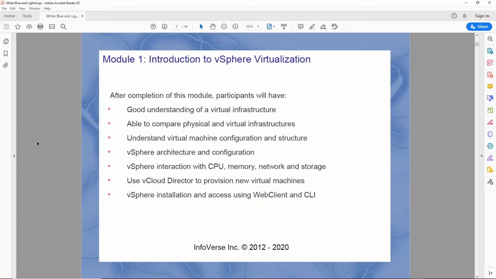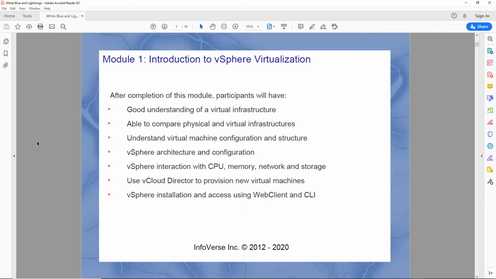One should be able to compare physical and virtual infrastructures, and understand virtual machines, how they are configured, their structure, and their design. Also vSphere architecture and configuration, and vSphere's interaction with the actual hardware resources, which include CPU, memory, network, and storage.